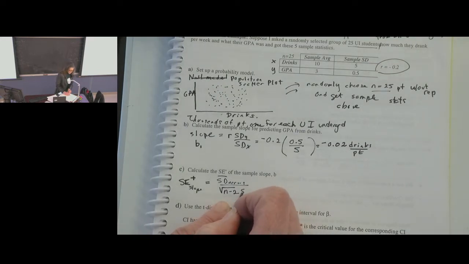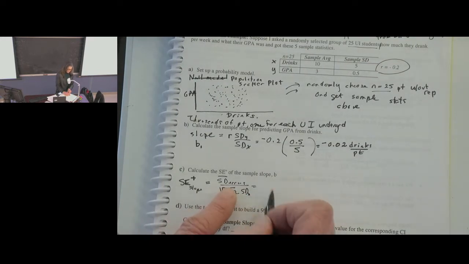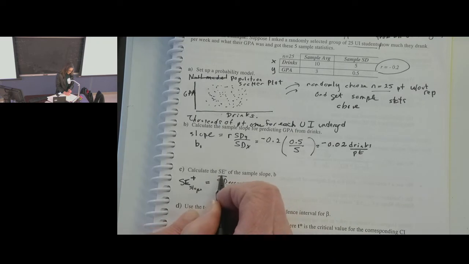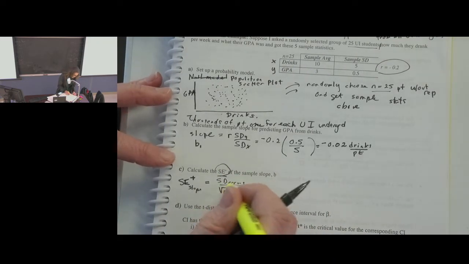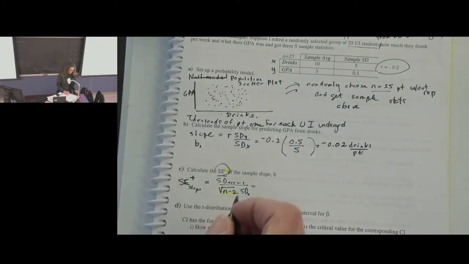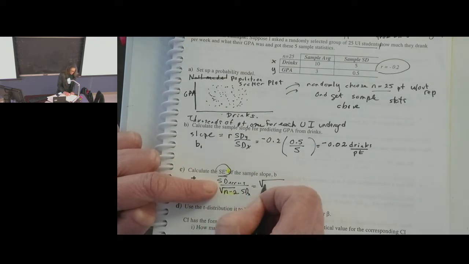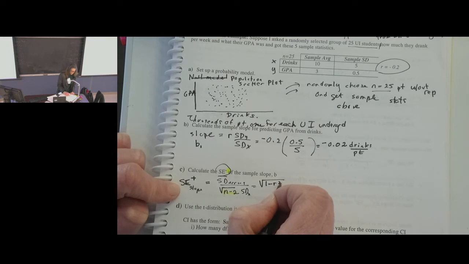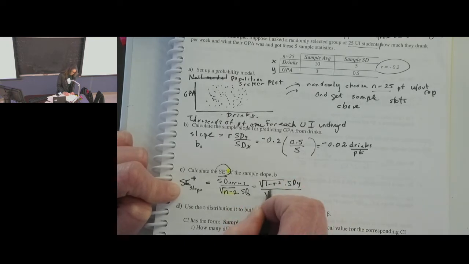And then times the standard deviation of x. That's the n minus 2, because we're doing this plus. And the standard deviation of the errors is the square root of 1 minus r squared times the standard deviation of y, over the square root of n minus 2 times the standard deviation of x. So that's what we've got here, and we can calculate it.